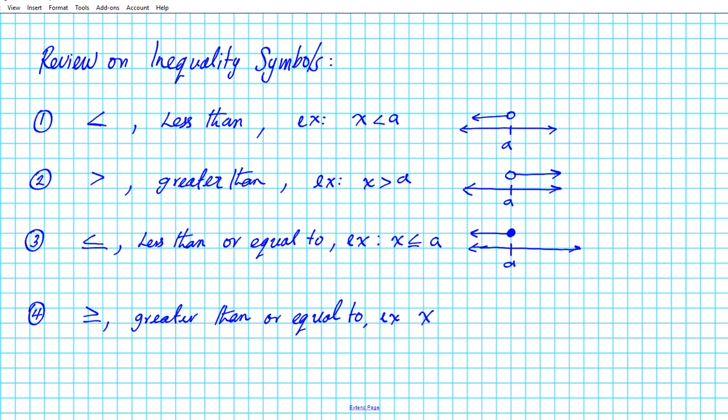So let's say you have an x is greater than or equal to a situation. So you have a number line. Let's say this is a. Since we have a line underneath the inequality, it's going to be a closed circle, and greater than points to the right. Okay, so these are the 4 inequalities, and these are the ways of graphing them.